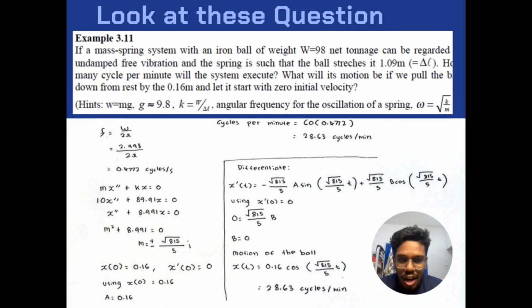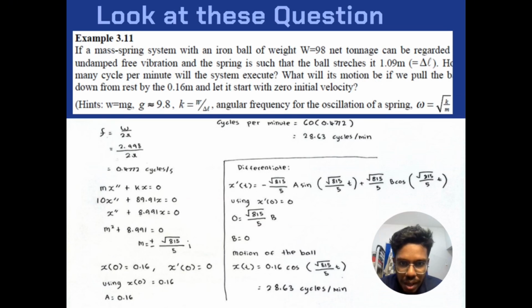When x prime at time 0 equals 0, we get the derivative: x prime of t equals negative square root of 8.991 times a times sine of square root of 8.991 times t, plus square root of 8.991 times b cos of square root of 8.991 times t.